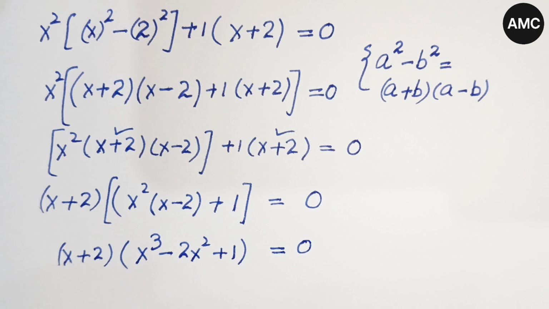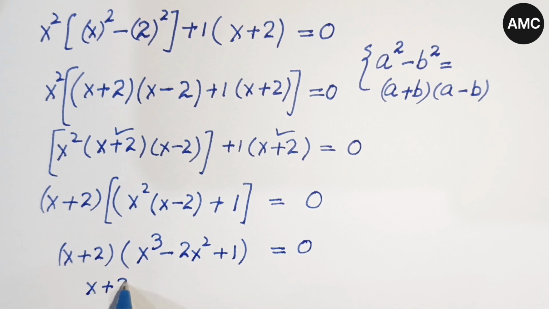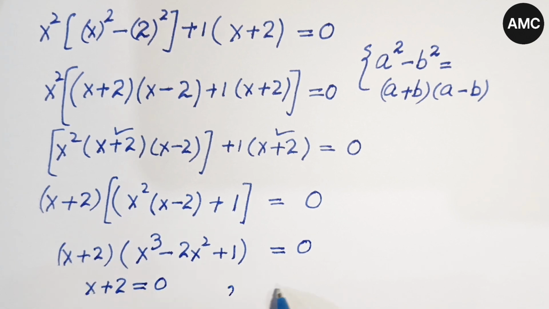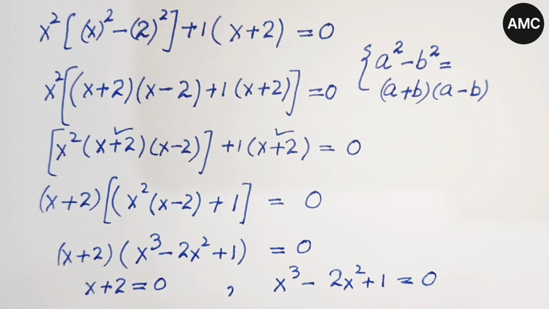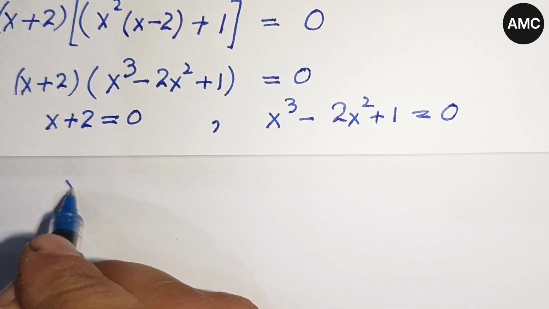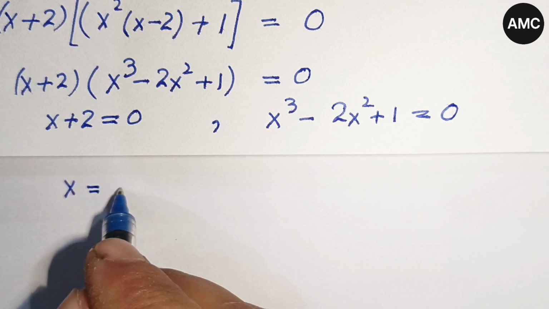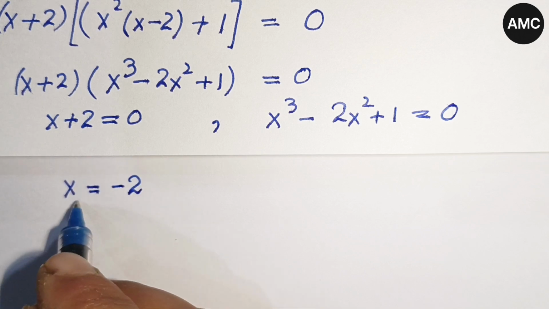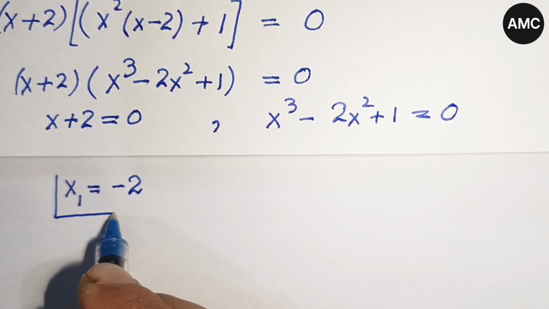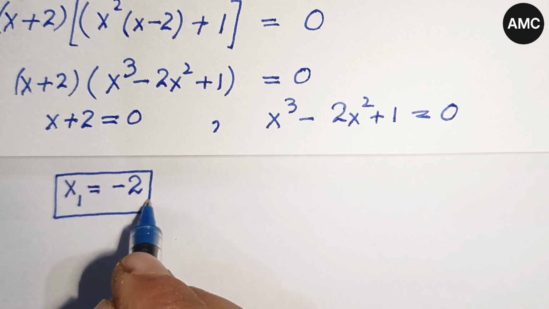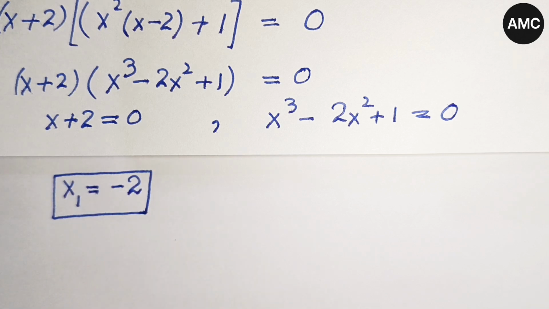Now we have two possible cases: x + 2 is equal to 0, or x cubed − 2x squared + 1 is equal to 0. So here x is equal to, shifting plus 2, minus 2. We have our first value of x, x1, so x1 is equal to −2. It is our first value.